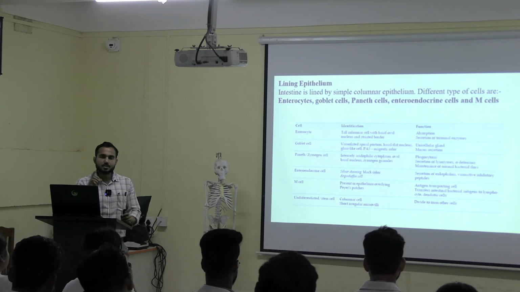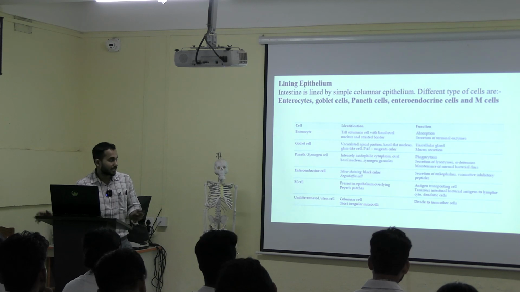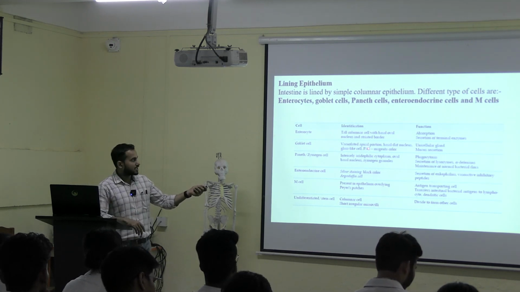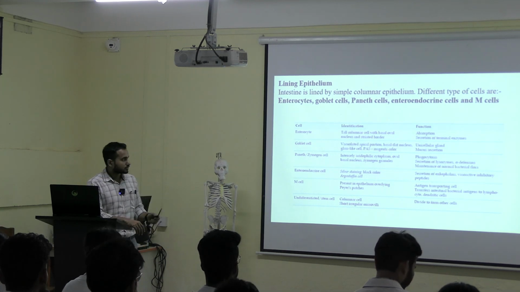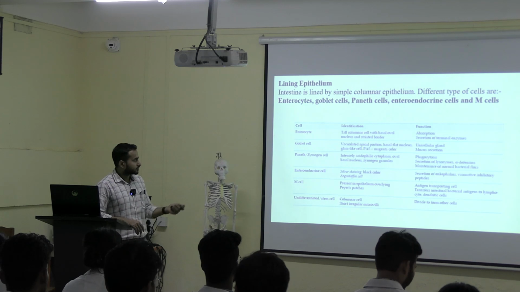In order to see that mucus, a special type of stain is used, that is called PAS, periodic acid Schiff method, in which it will appear magenta color. Unicellular and mucus secreting. This is the function.